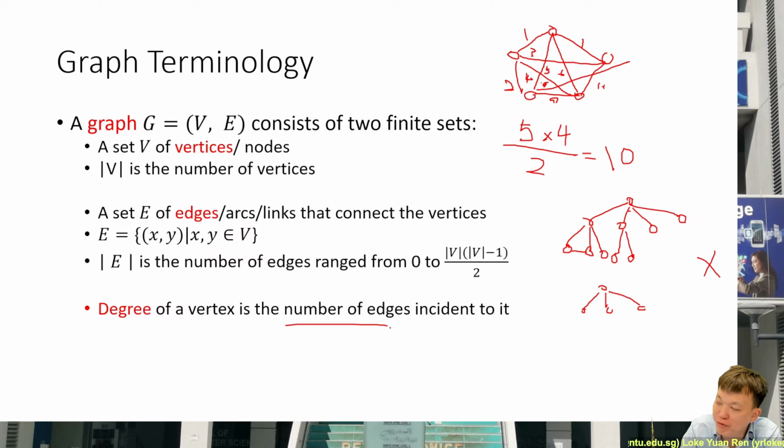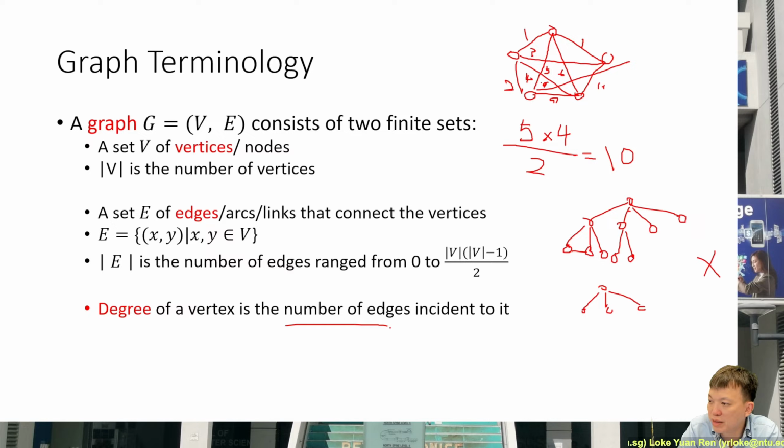Let me confirm. An Euler circuit is a circuit that uses every edge of a graph exactly once.